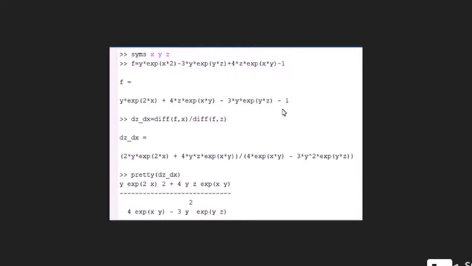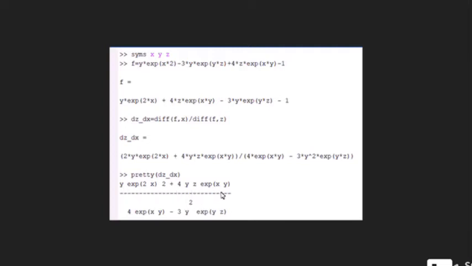To find dz/dx, we must differentiate fx divided by differentiate fz. And then we get dz/dx is 2y exponential 2x plus 4yz exponential xy divided by 4 exponential xy minus 3y power of 2 exponential yz. And then we want it to look more proper, so we put partial dz/dx and then we get the proper answer.